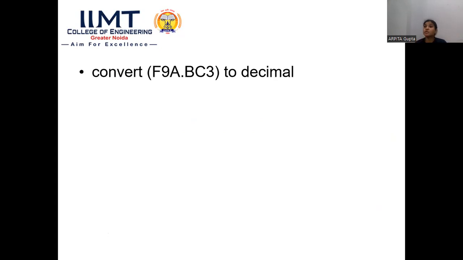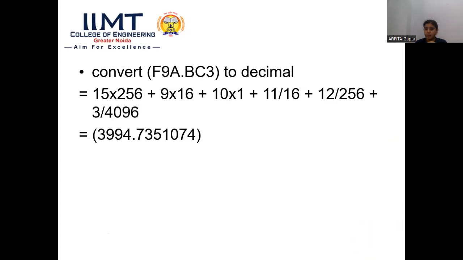We will use the multiplication algorithm, but after the decimal point, we use the division algorithm with base 16. Like this, and we got the same answer. If we convert this decimal number into a hexadecimal number, then what we get? Use the division algorithm and multiplication algorithm as we did previously.